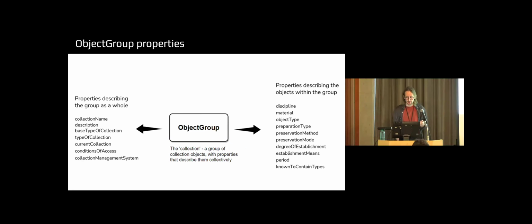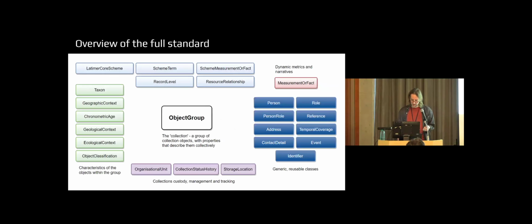And the object group concept has a number of properties. These can be broadly divided into ones which describe the group as a whole, such as its name, description, conditions of access, and those which describe the properties of the objects within the group. So for example, the type of object and the preservation method. So it's quite a rich thing.